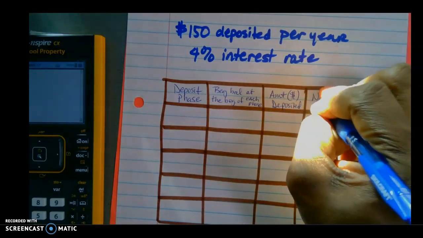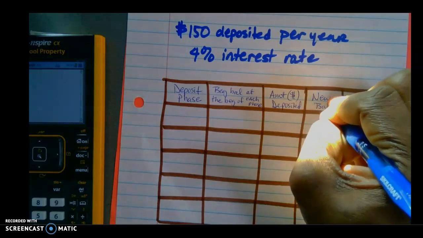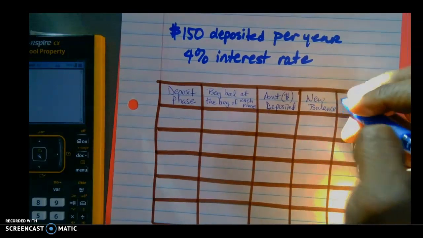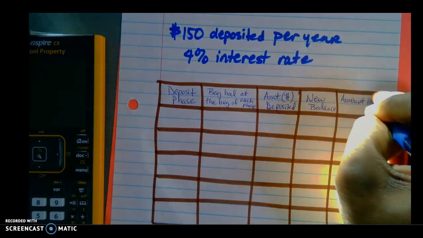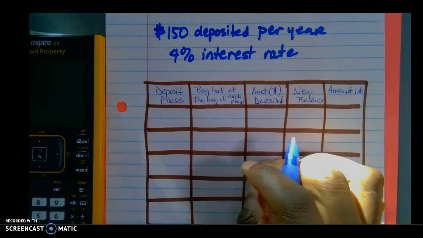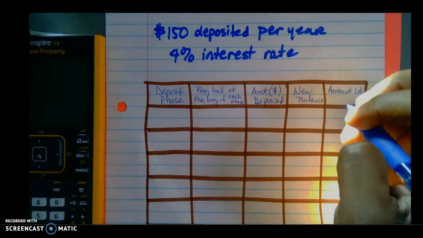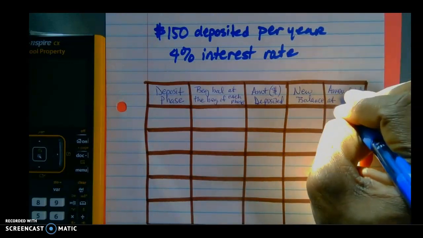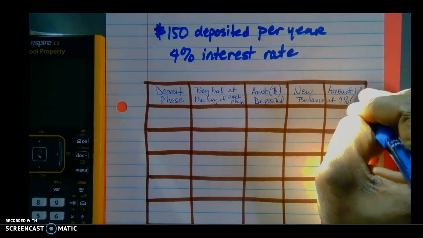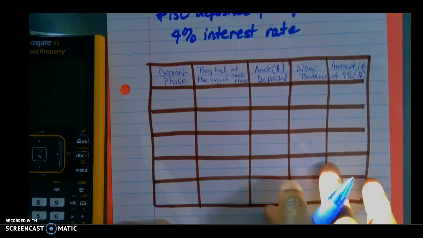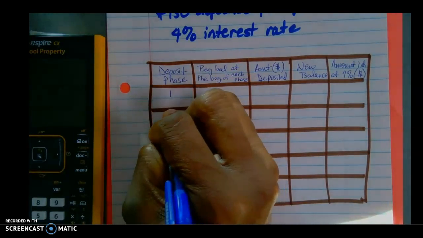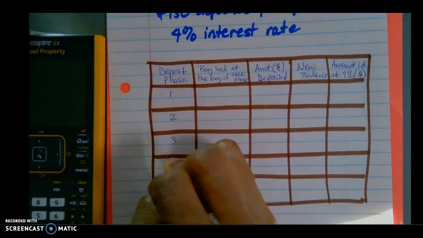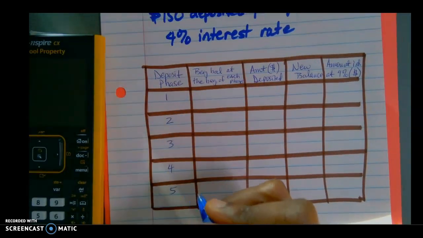We're going to see what the new balance would be, and then we're going to calculate the amount of interest, and I am abbreviating that, okay, at 4%, and that's actually going to be a specific dollar amount, okay? So the first phase is at the end of first year, at the end of the second year, second, third, fourth, and fifth, so on and so forth.